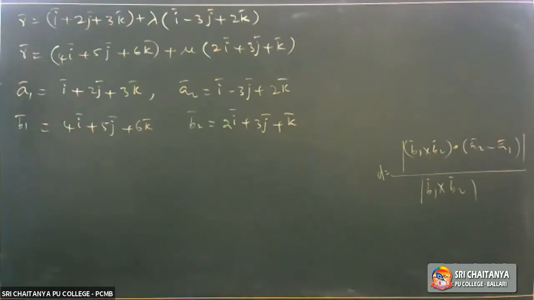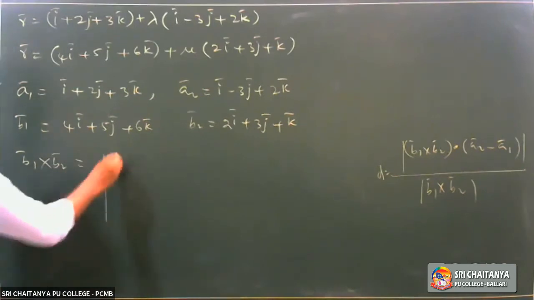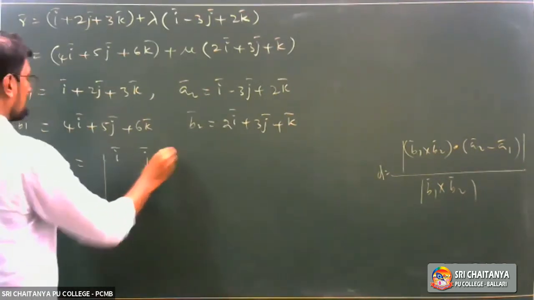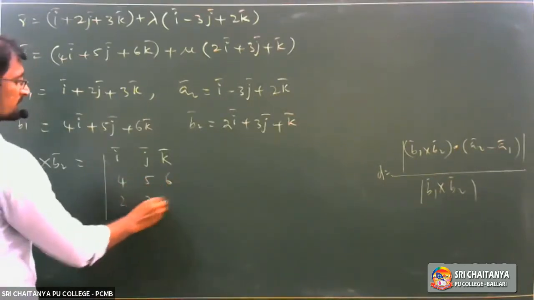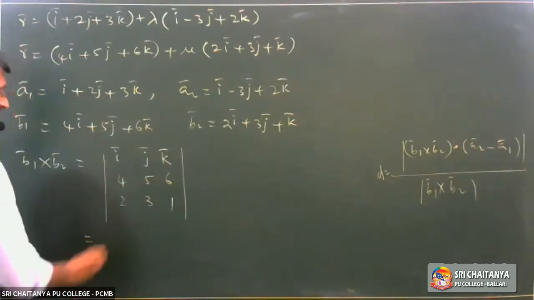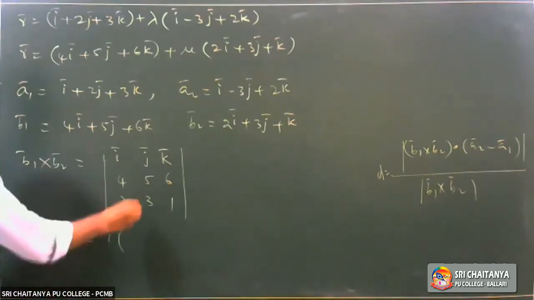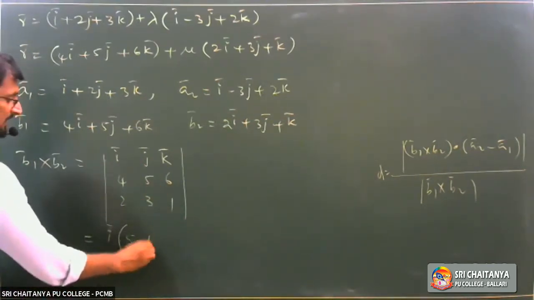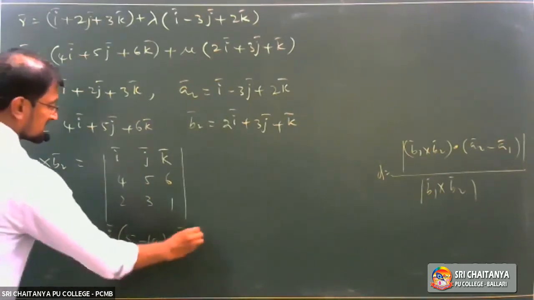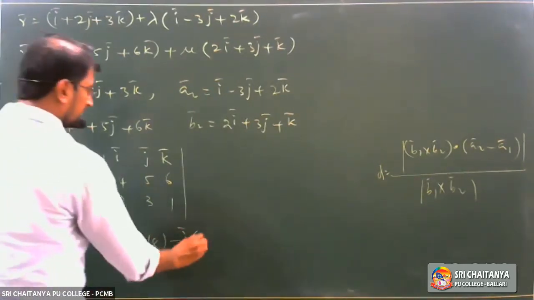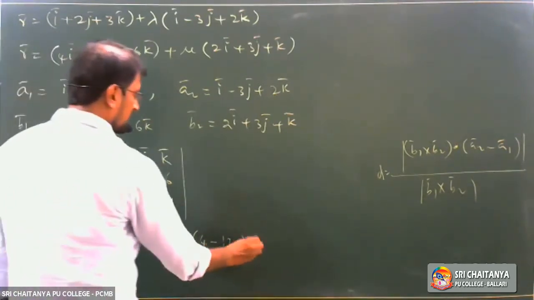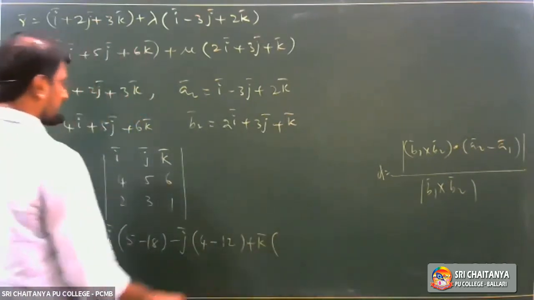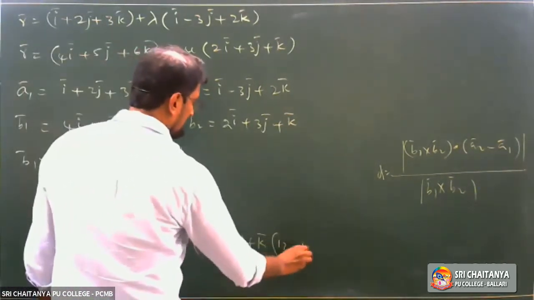Right? Now, find out B1 bar cross B2 bar, like i, j, k, 4, 5, 6, 2, 3, 1, which is equal to i bar into 5 minus 18 minus j bar into 4 minus 12, right, plus k bar into 12 minus 10.